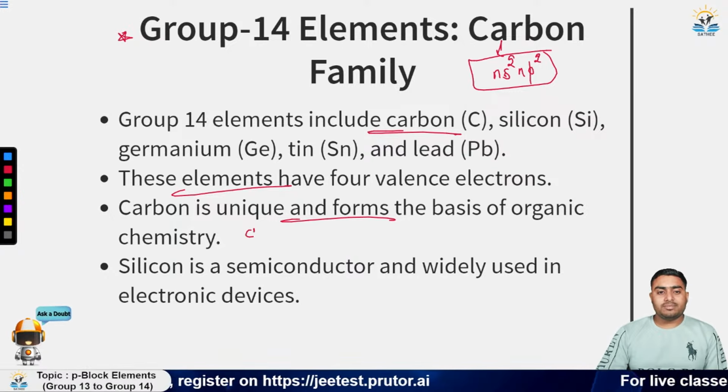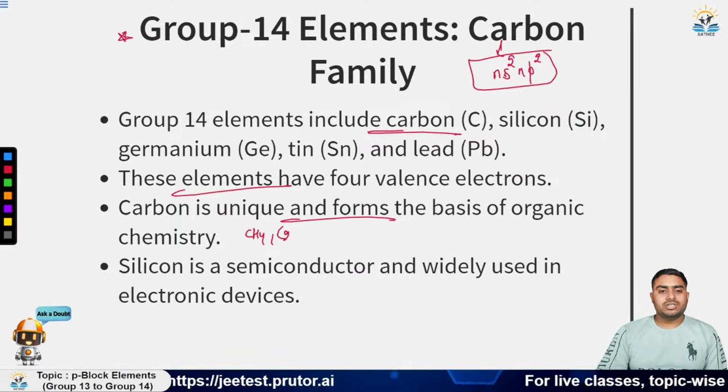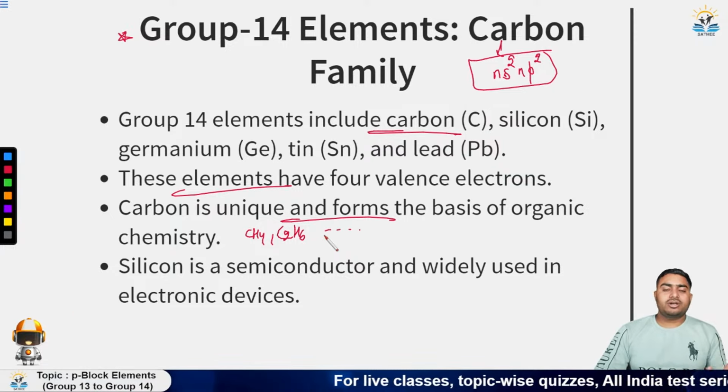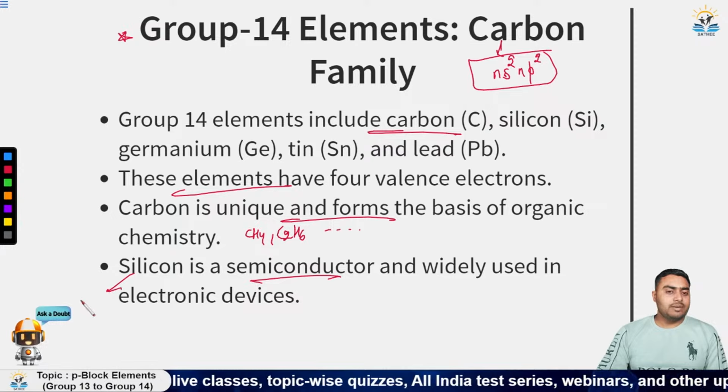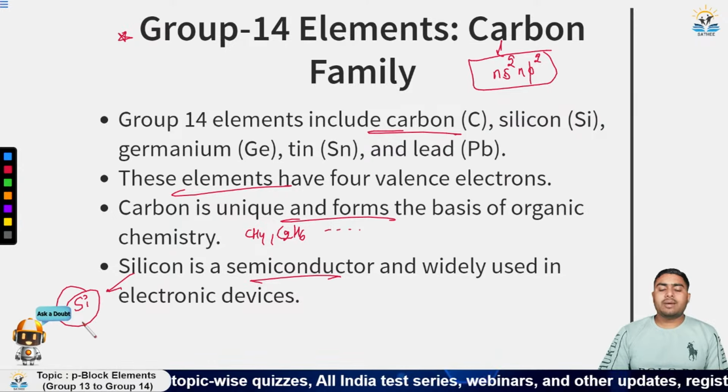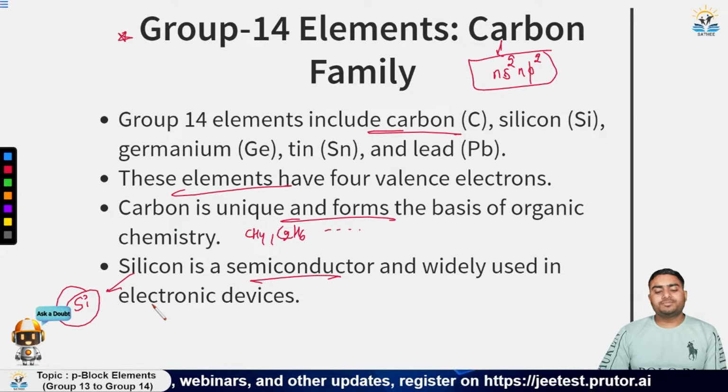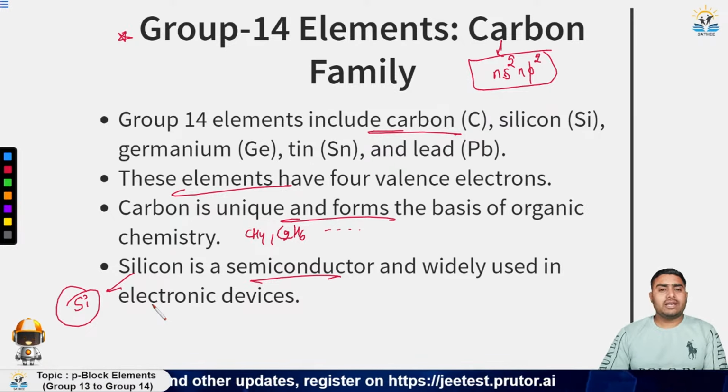Like you can see the simplest hydrocarbon is CH4, then C2H6, right, etc, like this, okay, methanol, ethanol, propanol, like this. Silicon symbol is capital S, small i. Silicon is a semiconductor, and semiconductors are widely used in electronic devices, right? So that's all about the group 14 elements carbon family.